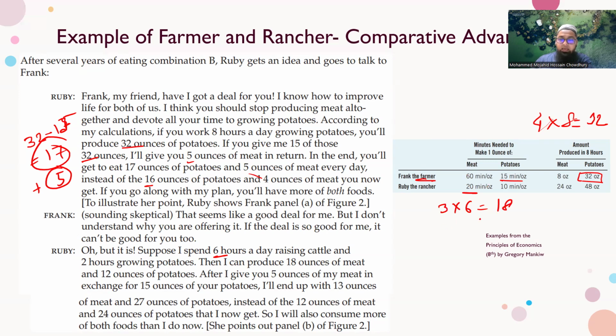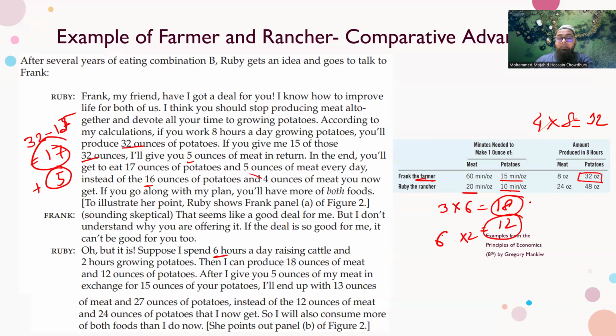And the rest, 2 hours, for potatoes. For 1 hour she's coming up with 6 ounces of potatoes, and for two it's 12. So she will be coming up with 18 ounces of meat and 12 ounces of potatoes.